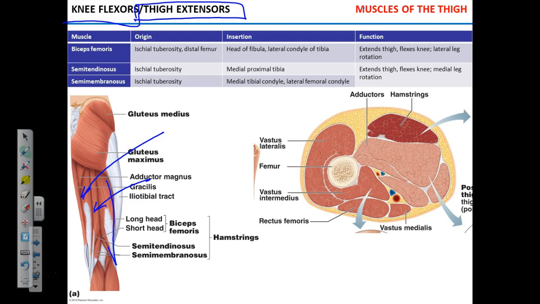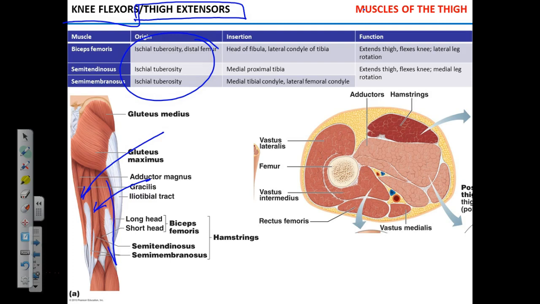Does that make sense? Can you see superficial versus deep? Semimembranosus is superficial, semitendinosus runs deeper. All these muscles have their origin at the ischial tuberosity.